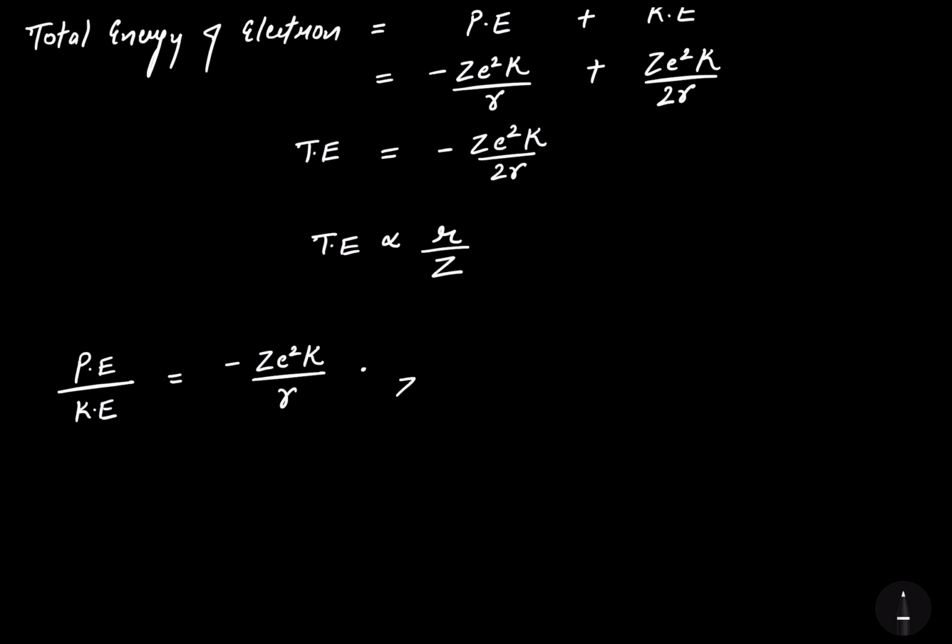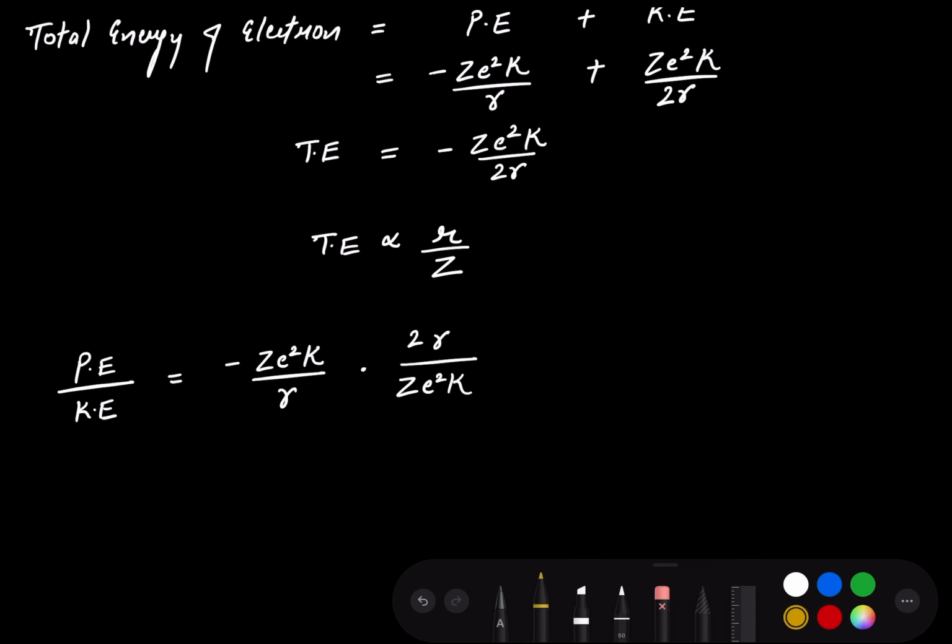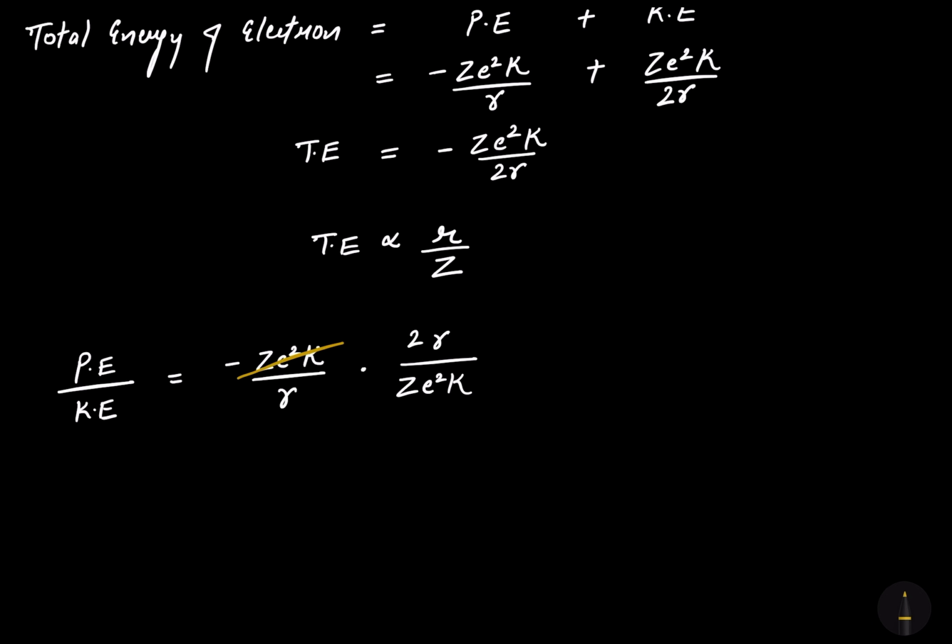It's plus z e square k divided by 2r. So it comes out to be z e square got cancelled, small r and the small r cancelled. So potential energy comes out to be minus 2 times kinetic energy.